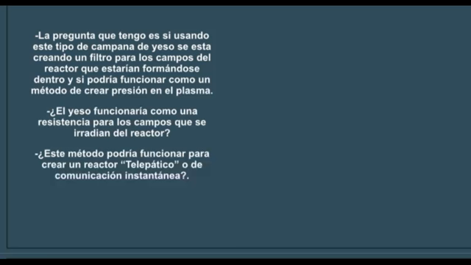So this is the first question. Would it work as a reactor? This is the question. Second question is the plaster functioning as a resistance for the fields that are irradiated by the reactor?